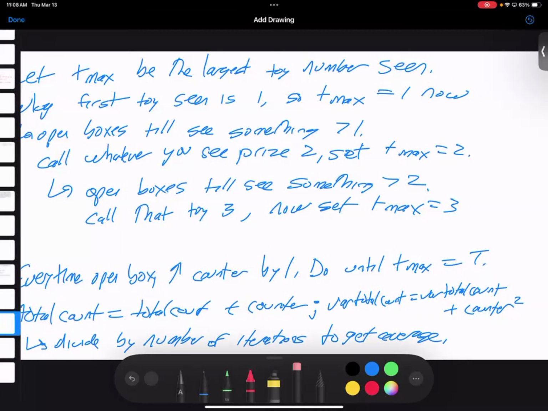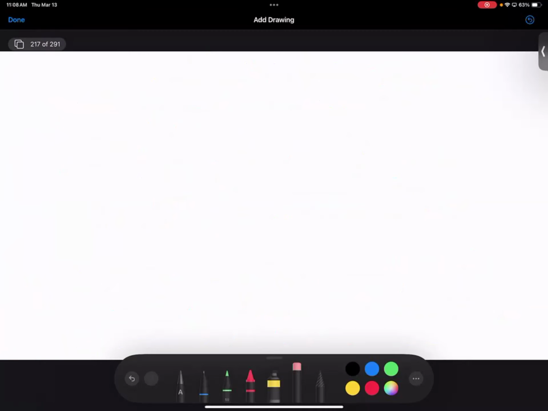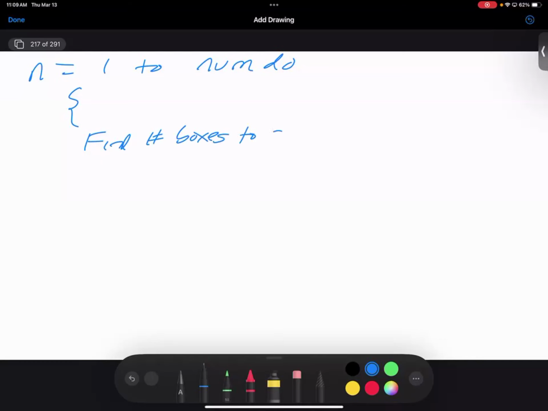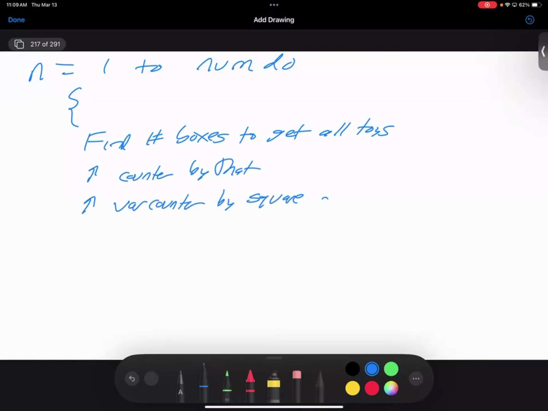So we'll have a big loop, n equals 1 to numDo, and then we find the number of boxes to get all toys, increase the counter by that, and increase the variance counter by the square of that.